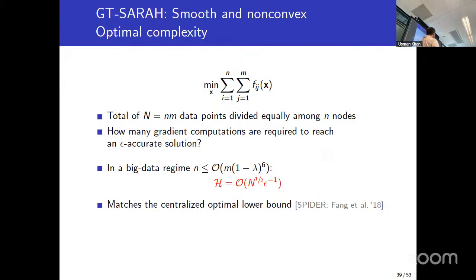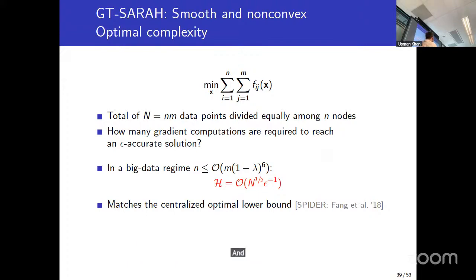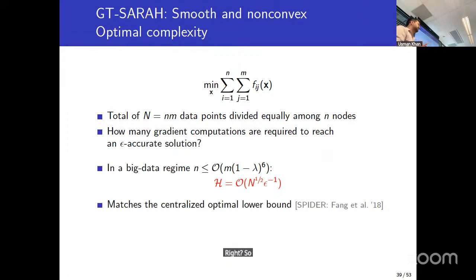If lambda goes to 1 for weakly connected networks, then 1 minus lambda is going to be a very small number. And this very small number is going to be much smaller because of the power 6. So in order to make this equation match, m has to be much larger, right? This is what the result says, and this is why we call it the big data regime.